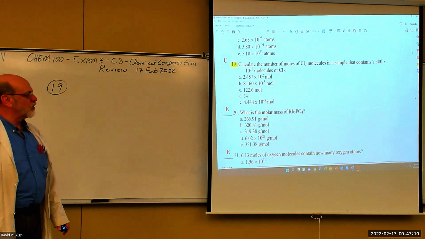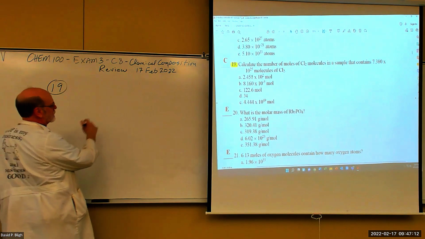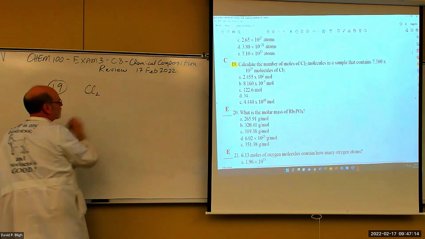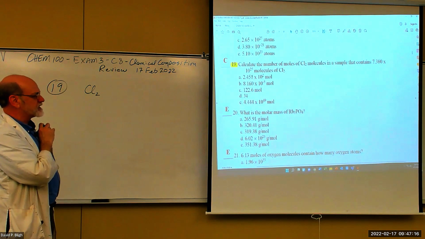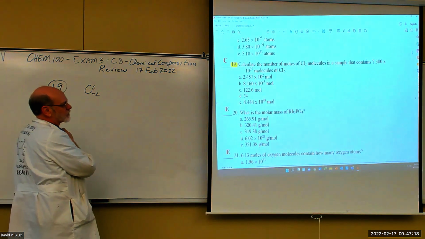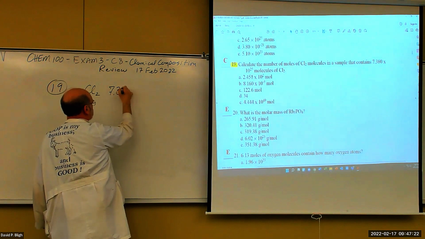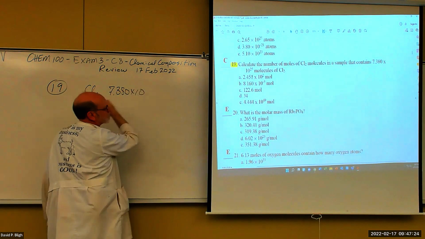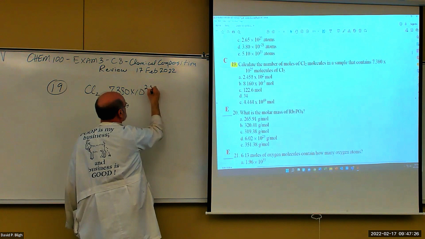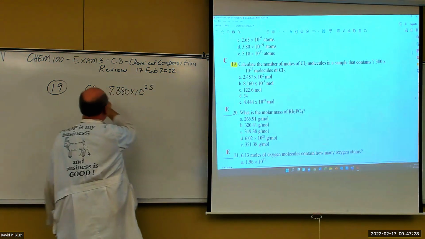Calculate the number of moles of chlorine molecules in a sample that contains 7.380 times 10 to the 25th molecules of this.